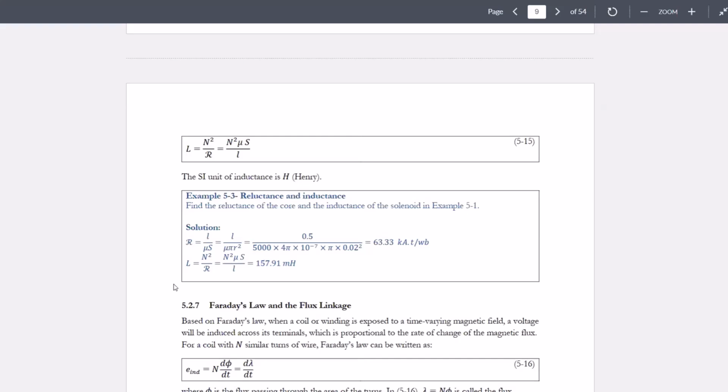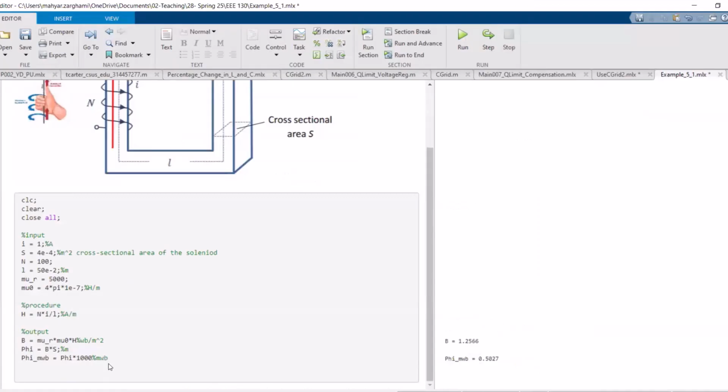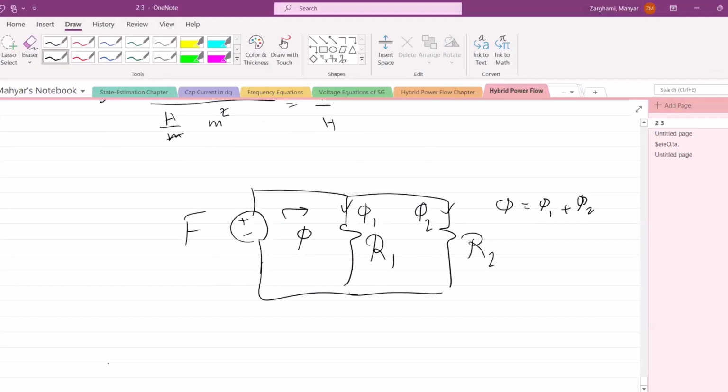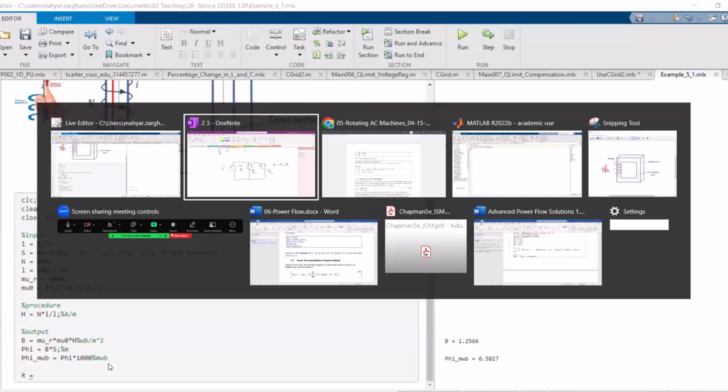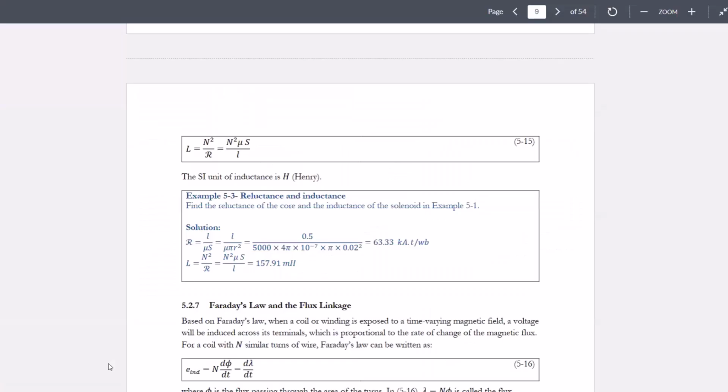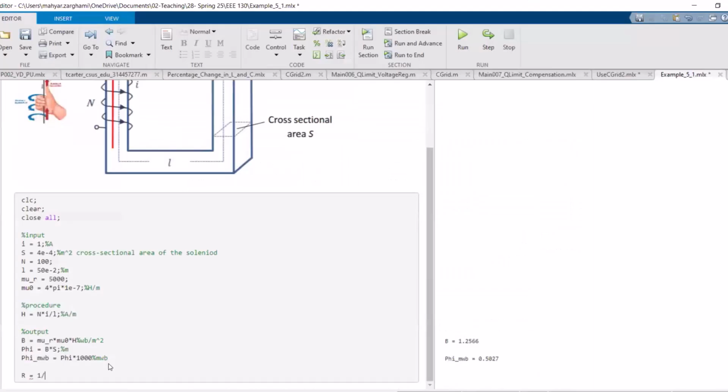All right, so there is an example here, reluctance and inductance. If we want to find out the reluctance of the core and the inductance of the solenoid in the previous example, you have your reluctance equal to L over mu times S. This would be in Henry minus 1, right?